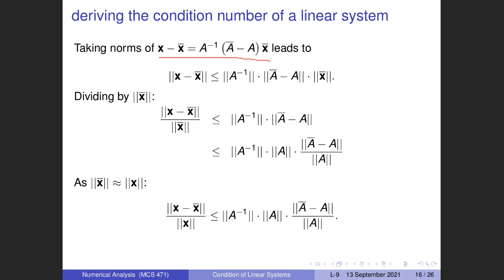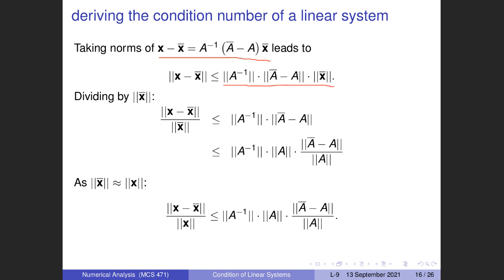A vector is just a special matrix here, provided that all the dimensions are correct, and there's no reason why they shouldn't be. So the absolute forward error is bounded from above by these three quantities.